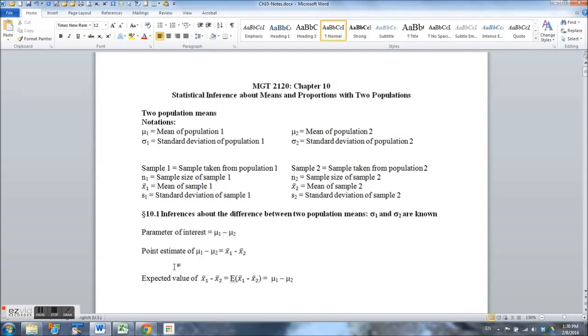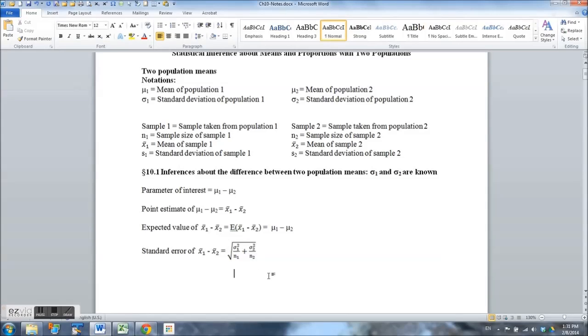And for that we need to understand that the expected value of this difference x bar sub 1 minus x bar sub 2 is the difference in the actual population means, and the standard deviation for that point estimate of x bar sub 1 minus x bar sub 2, which we call the standard error, is given by this formula. Since we are assuming that sigma sub 1 and sigma sub 2 values are known, we can calculate what the standard error is going to be.